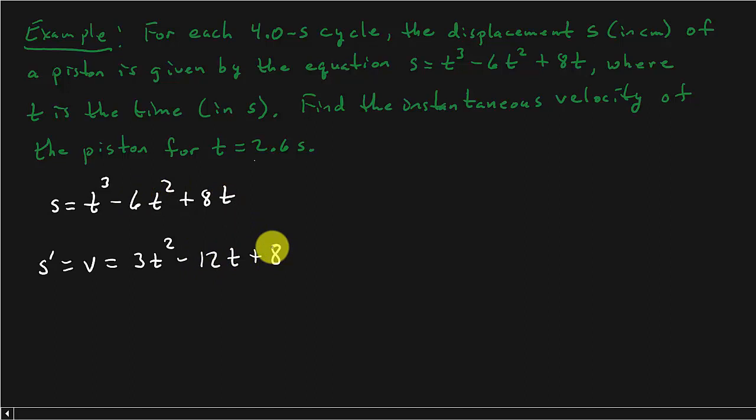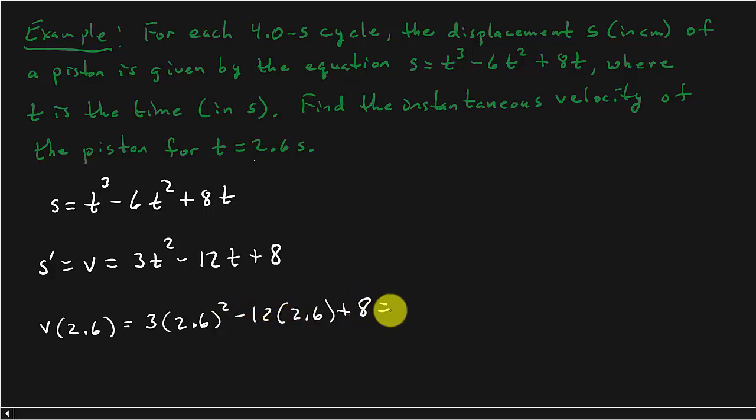There's your velocity. So what's the instantaneous velocity at t equals 2.6 seconds? Well, that's the velocity evaluated at 2.6. So I get 3 times 2.6 squared minus 12 times 2.6 plus 8. And let's see what that equals.